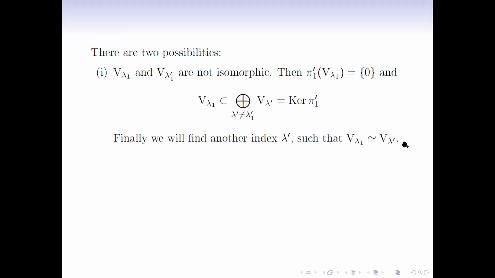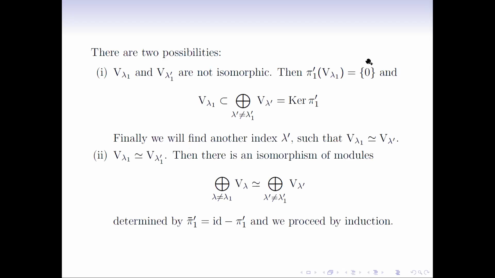So here the assumption is that the sum is finite. Otherwise, it's not like this. In general, it can be different. Okay, so it means that we can assume that V_λ1 is isomorphic to V_λ1'. Otherwise, we'll find another index.